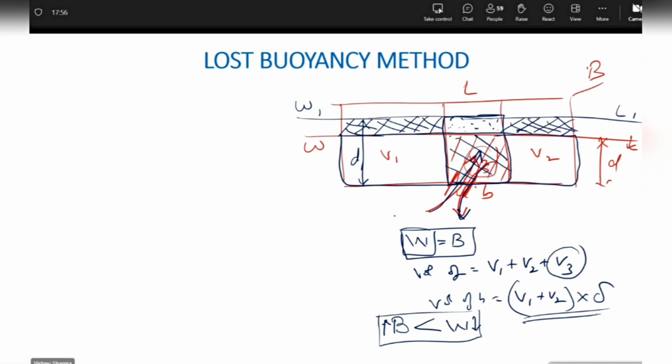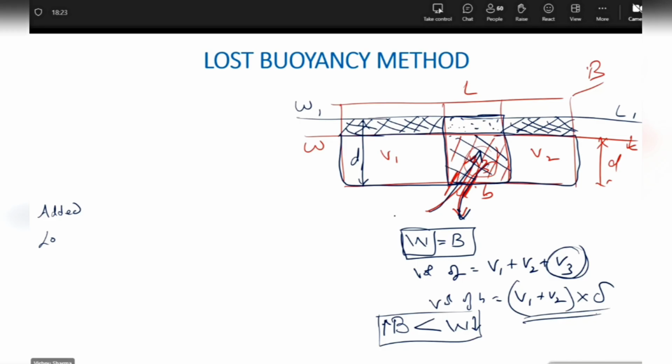So in both cases, guys, please remember, in the added weight method and the loss method, what is the trigger? The trigger is the shortfall in buoyancy, and we say loss of buoyancy. You have lost V3, the buoyancy, and therefore the vessel has to sink to regain this lost buoyancy.